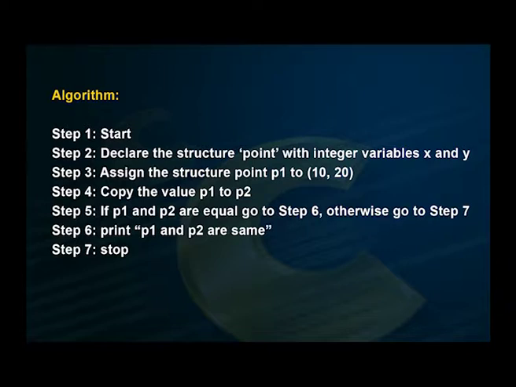Step 5, if P1 and P2 are equal, go to step 6, otherwise go to step 7. Step 6, print P1 and P2 are same. Step 7, stop. Now, let us go through the implementation of this algorithm as a C program.